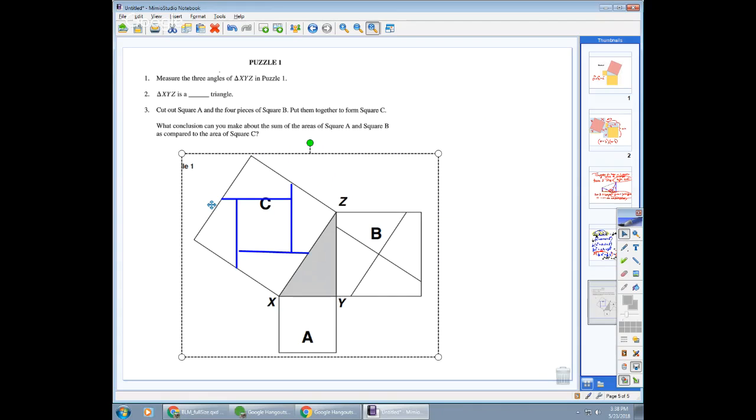So it should look something like that once you put it back together. Is anyone having trouble with that rearrangement? No, just write down what our conclusion is. So that's puzzle number 1.